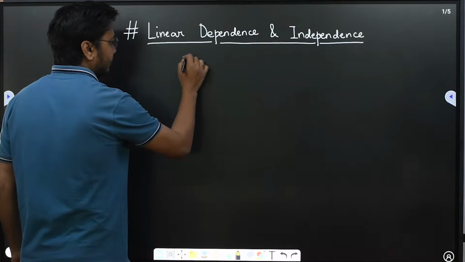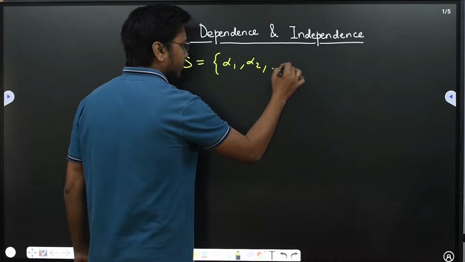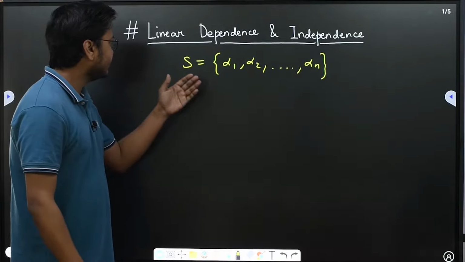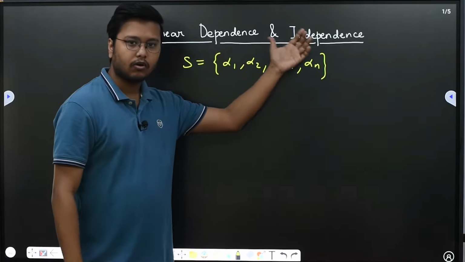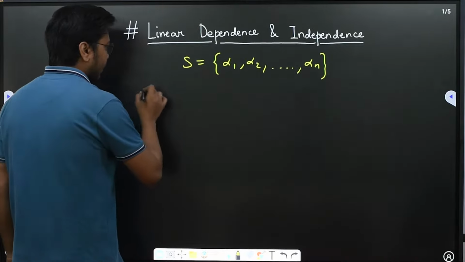Suppose I have a set of vectors S given by alpha 1, alpha 2, dot dot dot, alpha n, and I want to examine whether this set is linearly dependent or independent. Let's first get the formal definition done.